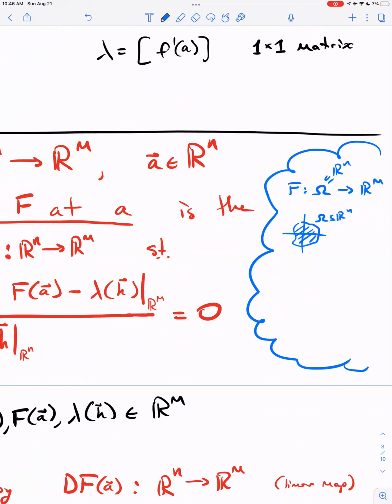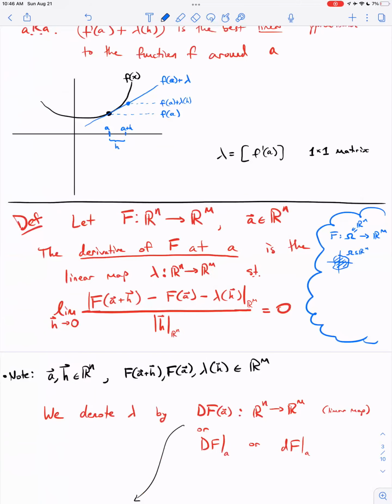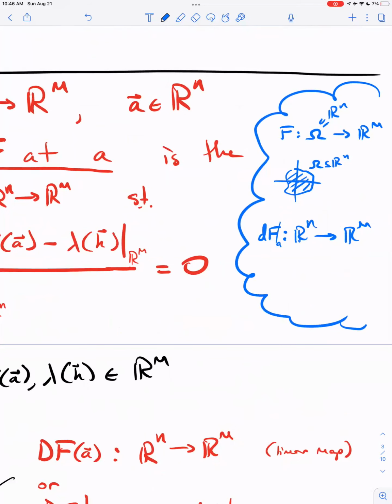You can still define a function on a part of Rn, and you can say that this thing is differentiable just on this small region. But the derivative of f should still be a linear map from Rn. So the derivative at a, so I'll put a little a here, should be a map from all of Rn to all of Rm. It's still a linear map, so it's defined on the entire vector space. But a is now this point inside of omega, so you're taking the derivative at some point. But this thing always stays the same.